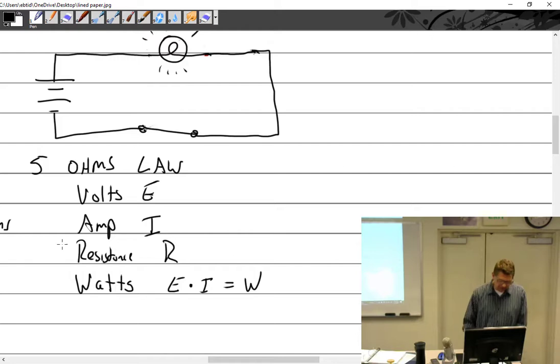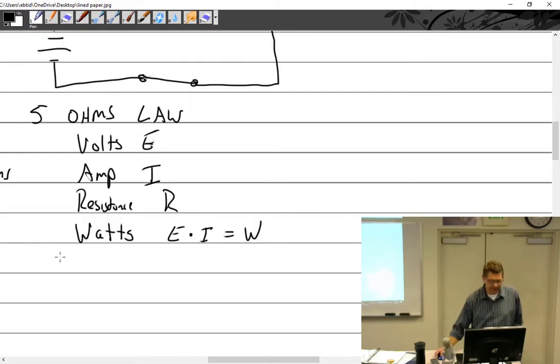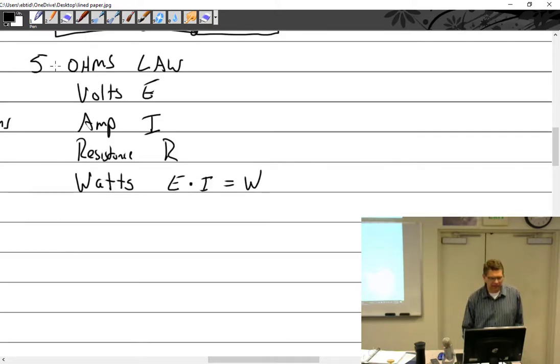And Ohm's law states, put this here. That can be A. This can be B. Ohm's law. What does Ohm's law actually say?